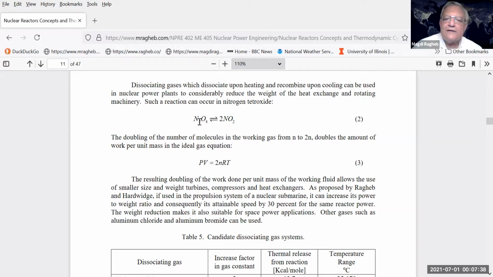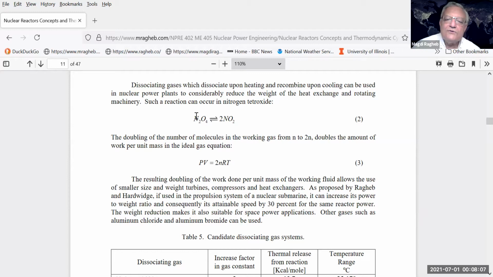Now look at the ideal gas equation that describes the work done per unit mass. It's equal to P, the pressure, multiplied by the specific volume, which is the inverse of the density. That's not volume, it's specific volume. You'll find that this is equal to nRT. R is a gas constant and T is in Kelvin.